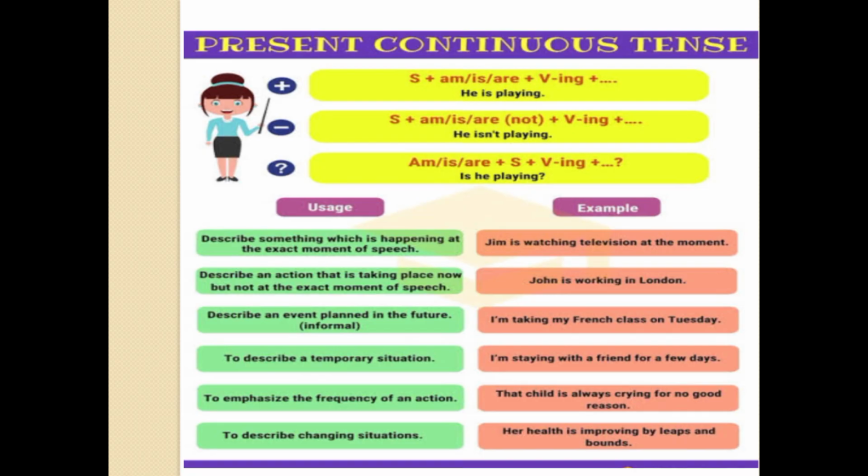If you want to make interrogative sentences of present continuous tense, subject and helping verb will replace their places with each other, then the first form of verb followed by ing plus object will be written.